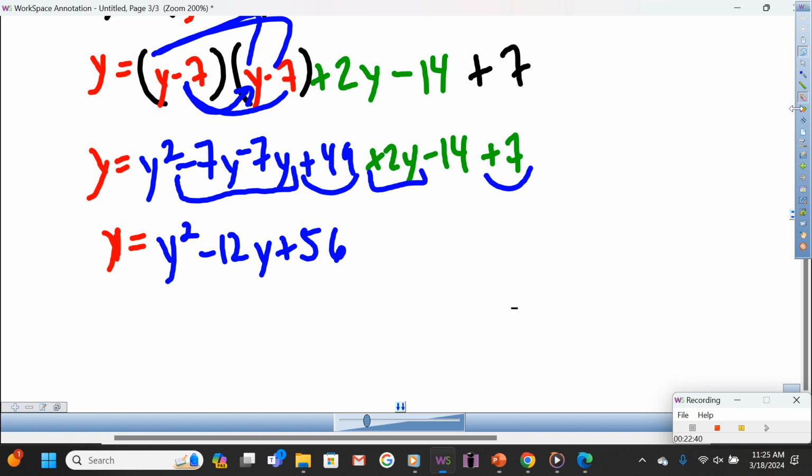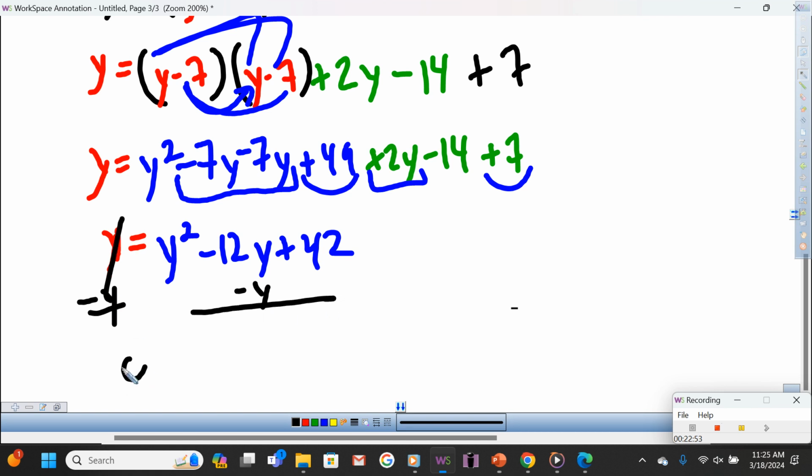All right. Good eye, everyone. Good eye. 42. Now we can get that y out of the way. This one, by subtracting y to each side, we end up with 0 equals y squared minus 13y plus 42.